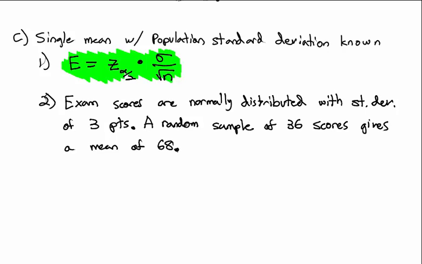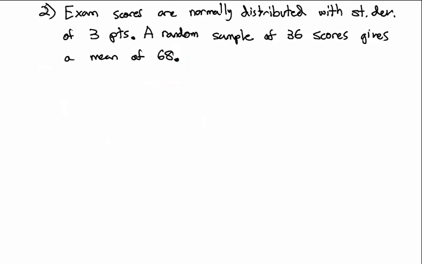Now, realistically, we know these 36 scores are probably going to be close to the actual mean of all the exam scores, but we don't know for sure what the actual mean is. So we're going to find out how close we actually are.